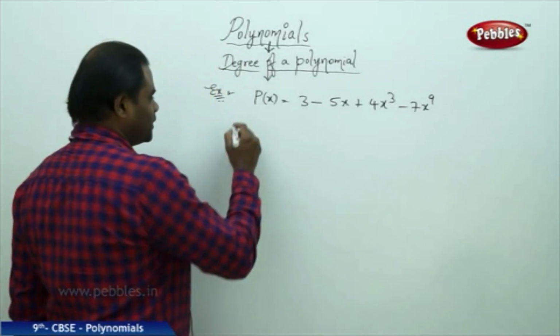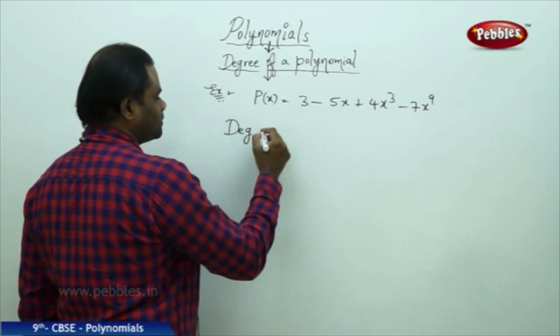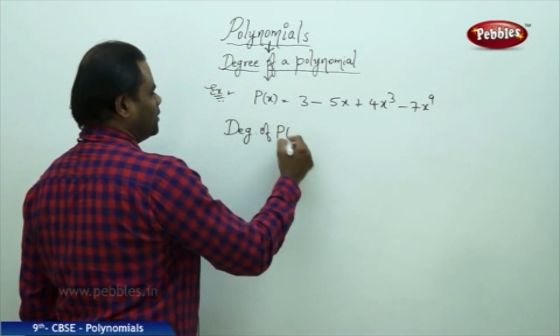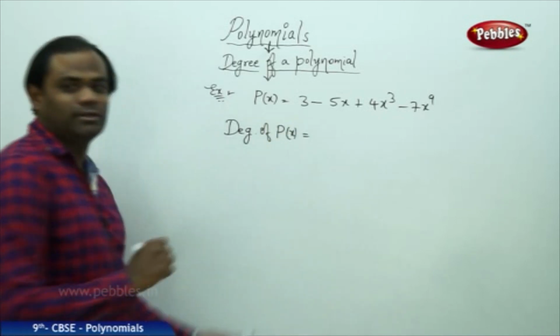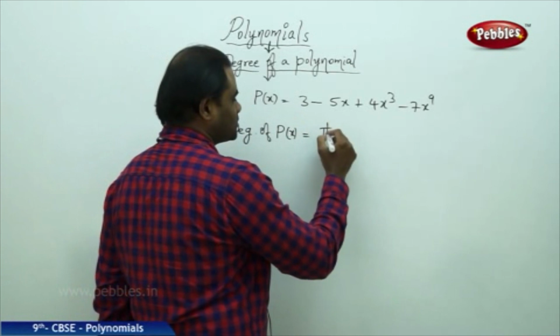The polynomial degree is generally denoted by degree of p of x, and this is nothing but the highest power of x.